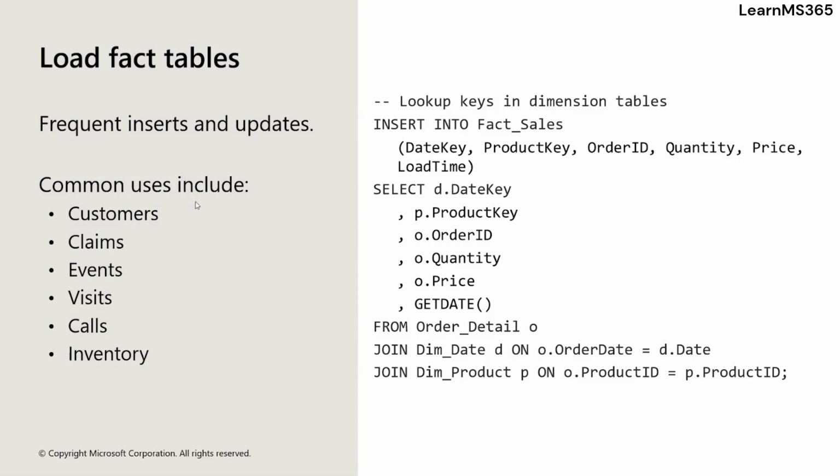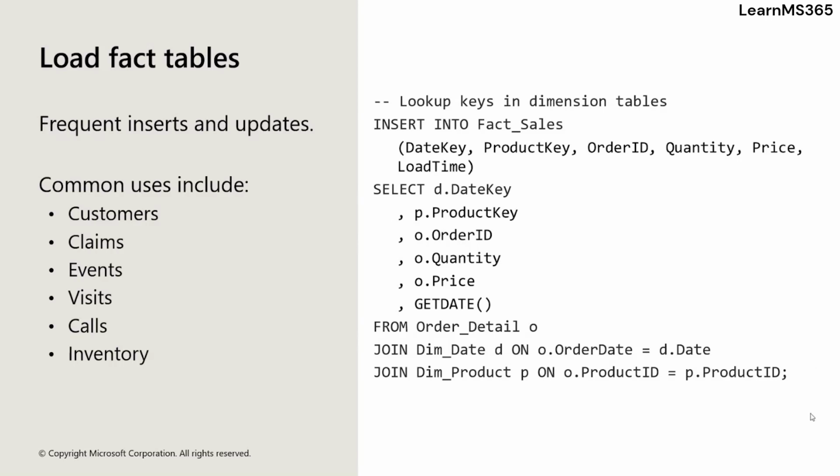Let's consider an example where we load a sales fact table in the data warehouse, and this table contains sales transaction data with columns such as fact key, date key, product key, order ID, quantity, price, and load time.